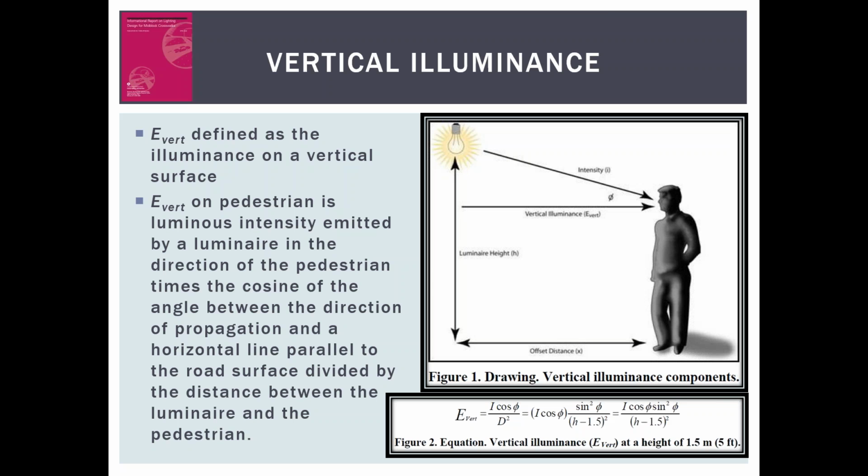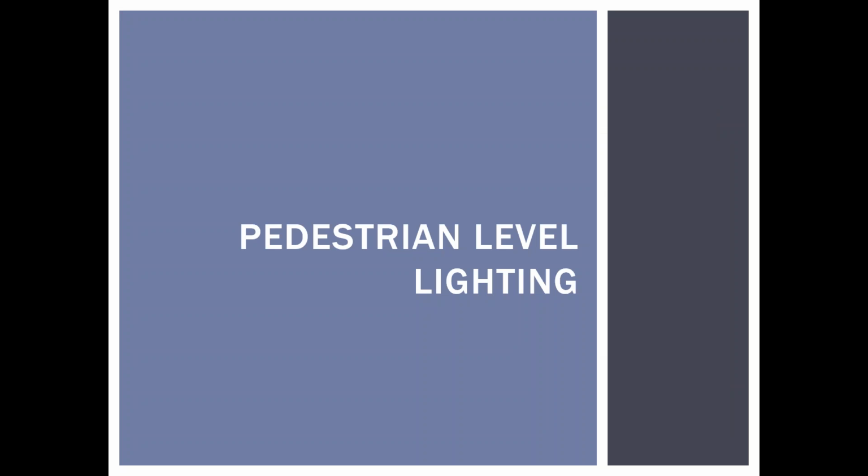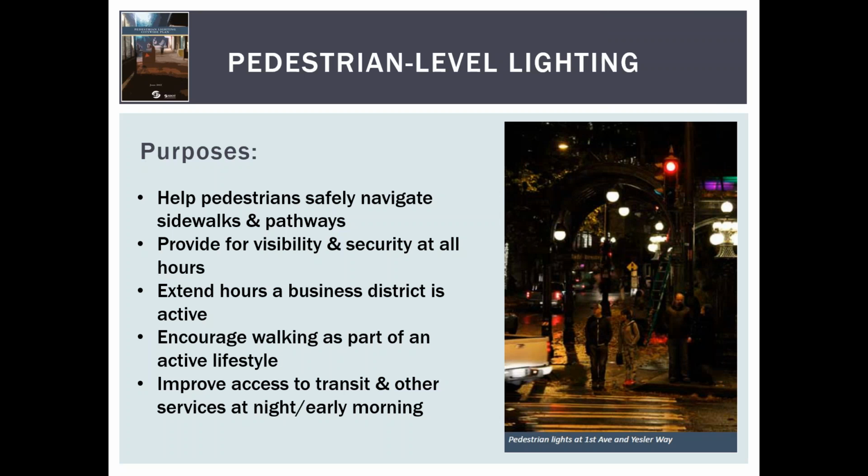And just a word about pedestrian level lighting. Much of this information comes from the City of Seattle that was used in this presentation. Seattle defines pedestrian lighting as any lighting source that provides lighting for public pathways and gathering areas, specifically sidewalks, pedestrian crossings, trails, and stairs.